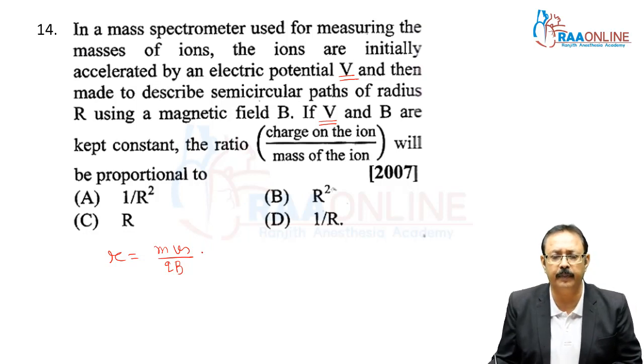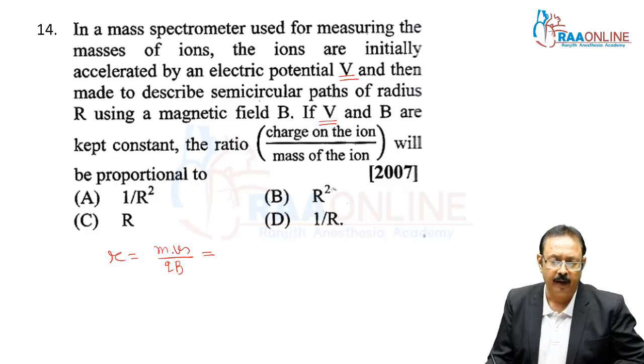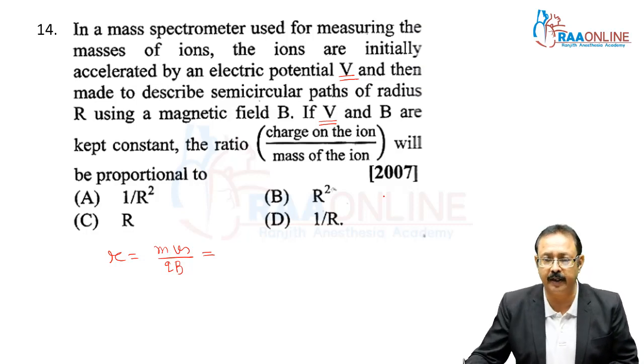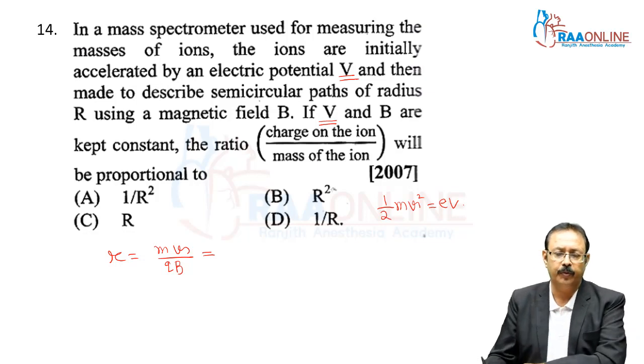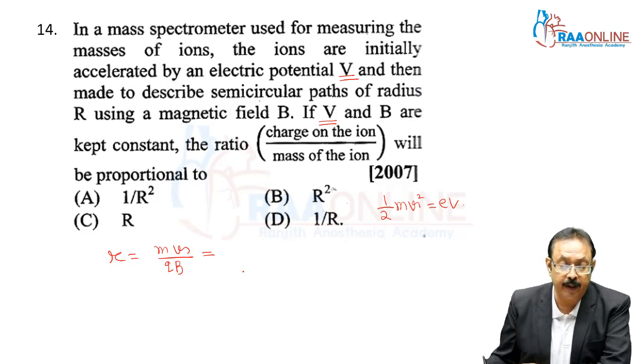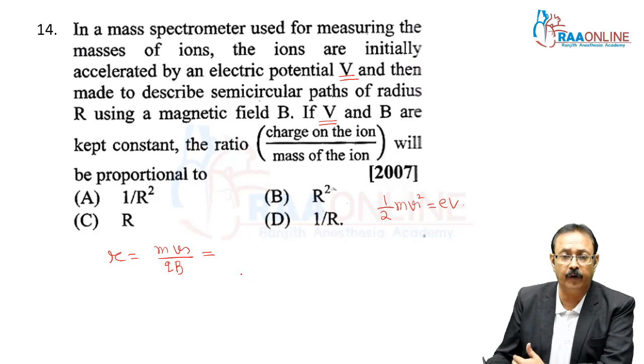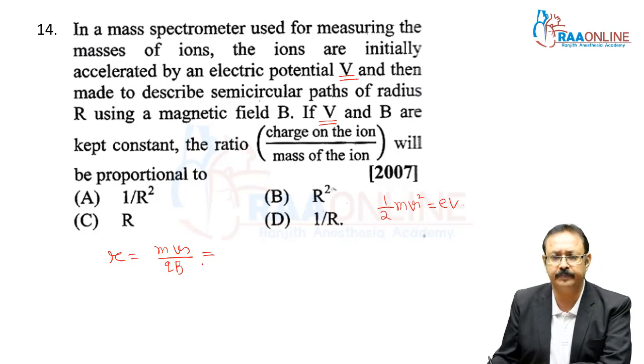We can multiply numerator and denominator. What is energy? Energy is half mv square. This energy we are supplying to the ion with the help of potential difference, E into V. So if we want energy constant, half mv square should be constant.